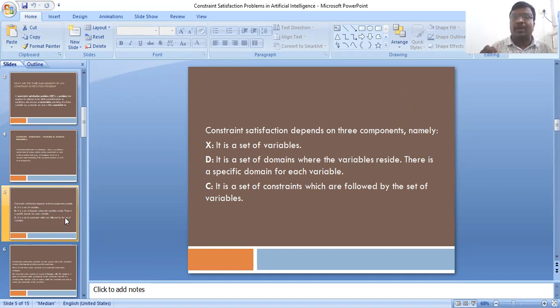There is a specific domain for each variable. Next one, C. It is a set of constraints which are followed by the set of variables. These are the three main components important in the constraint satisfaction problem.